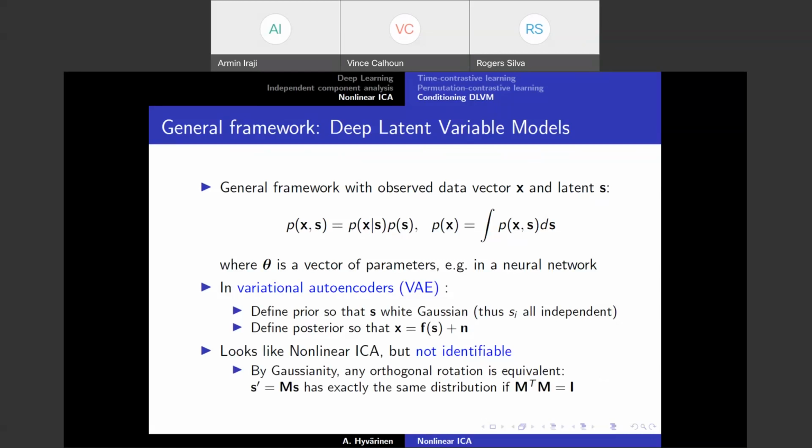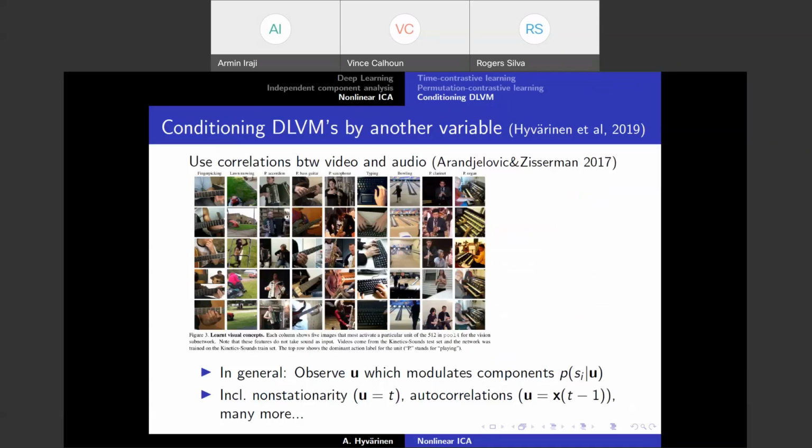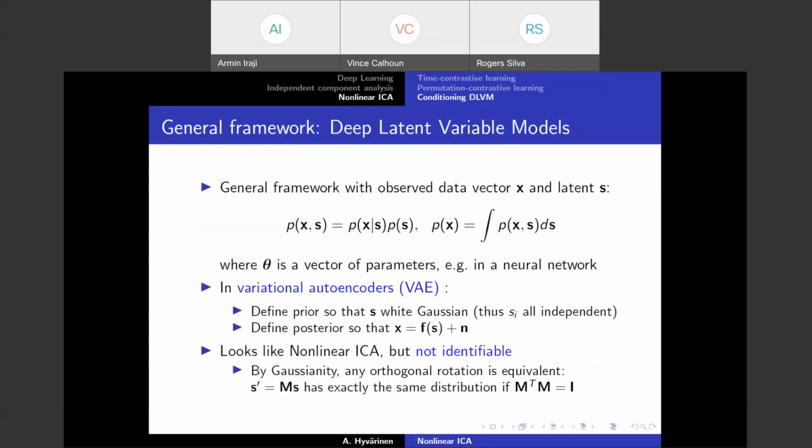It's even more trivially unidentifiable, because the latent variables are independent and Gaussian. So in fact, any orthogonal rotation of those variables is equivalent. It's exactly the same indeterminacy that we have in linear factor analysis. So VAE is unidentifiable because of these two different reasons.